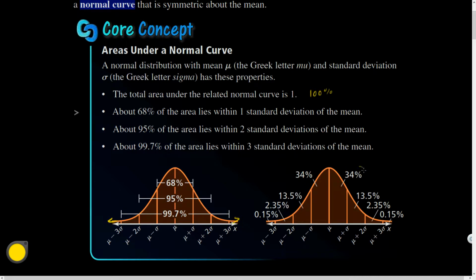Now, question, where did this number 34 come from, do you think? Well, these are symmetric graphs. If between here represents 68%, half of 68 will be 34. It's a little trickier to figure out where this 13.5 came from.